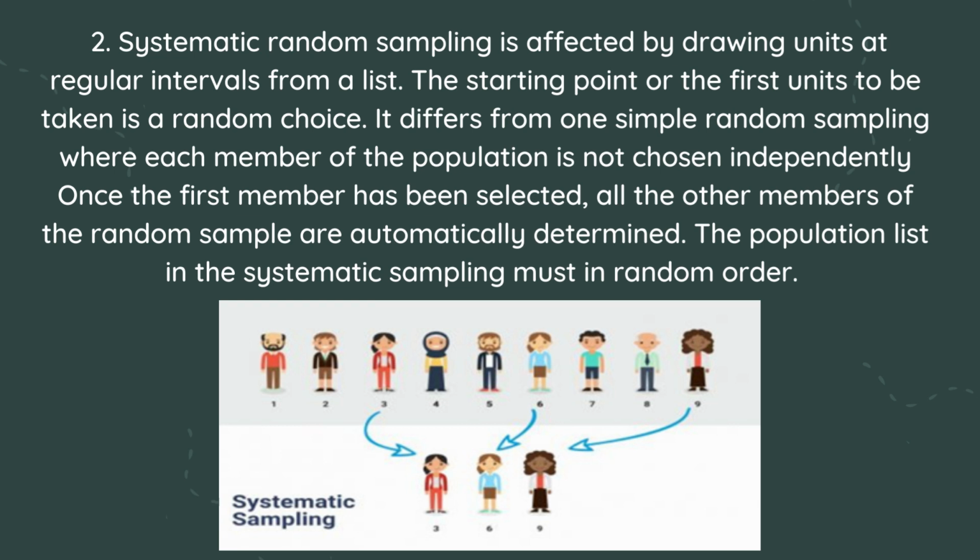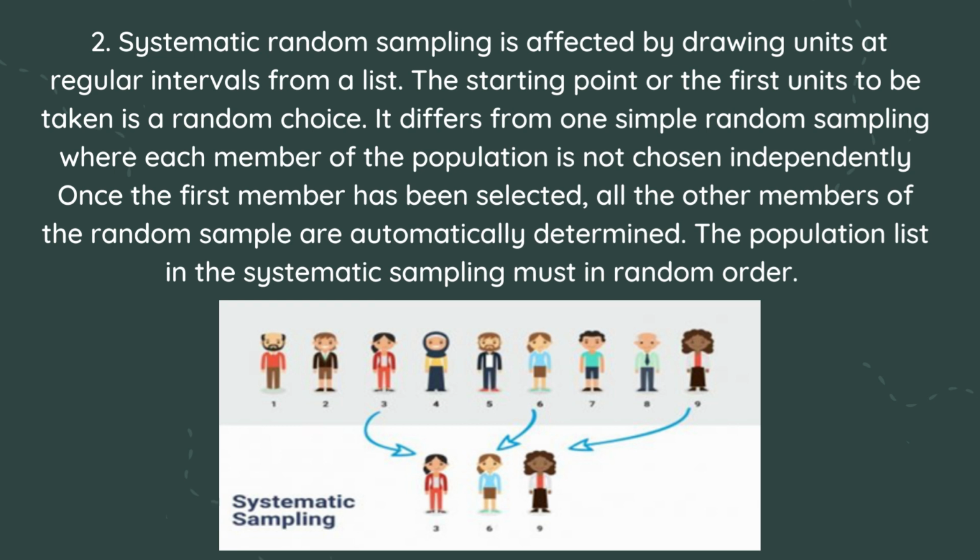So, ibig sabihin, your respondents would be 4, 6, 8, 10, 12, 14, 16, 18, 20, 22, 24, 26, 28, 30, 32, 34, 36, 38, 40. So, ganun ang systematic random sampling method.